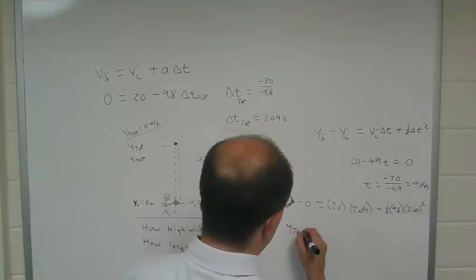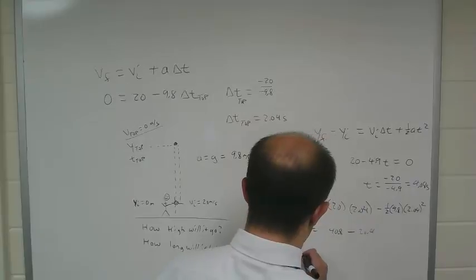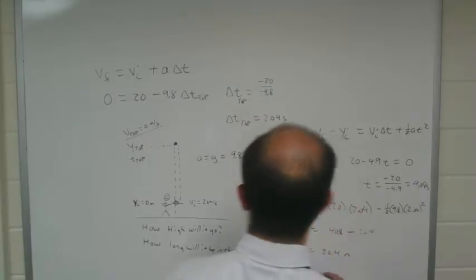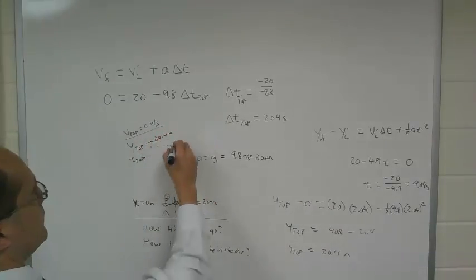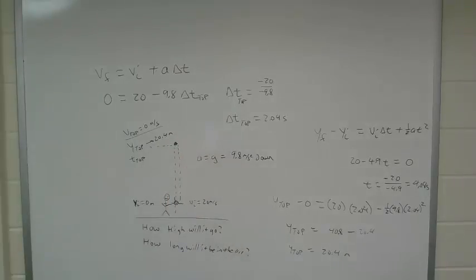So y top is 20.4. So this ball will go up 20.4 meters before hitting its velocity of 0 at the top before it comes back down to the ground.